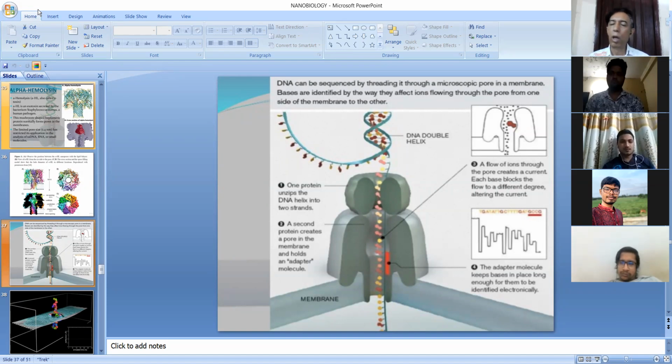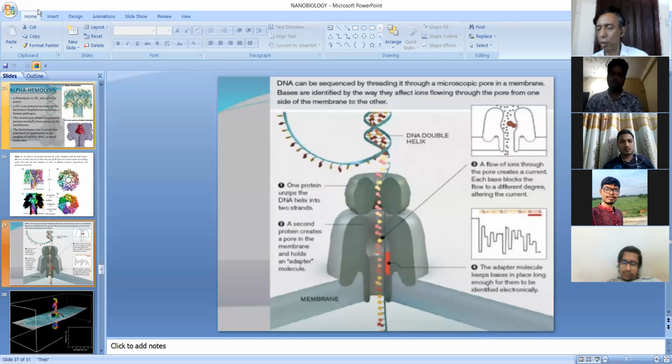I told you yesterday what DNA sequencing is. DNA has four bases: adenine, thymine, guanine, and cytosine, or uracil in RNA. So they have a sequence in a DNA.